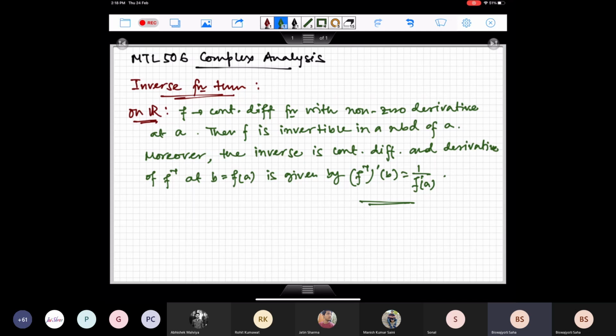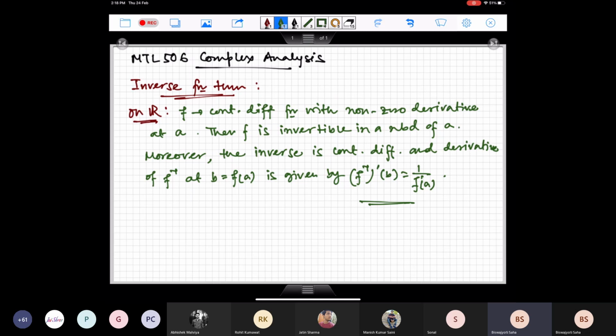On that neighborhood the function is injective, because if you take any 2 points whose functional values are equal, then by the mean value theorem you will get a zero of the derivative between those 2 points. So this non-vanishing is to ensure that your function becomes locally injective.